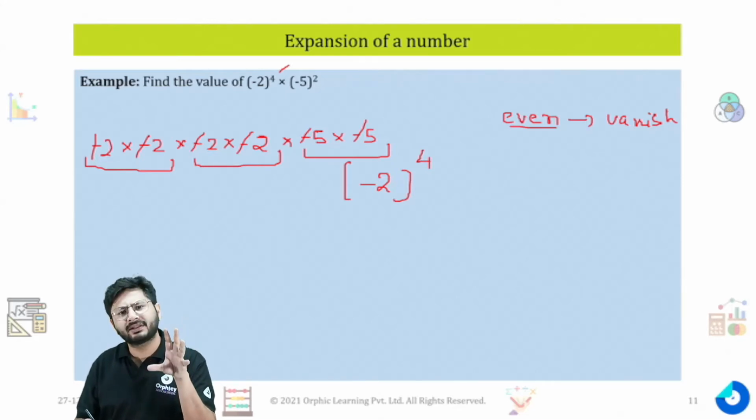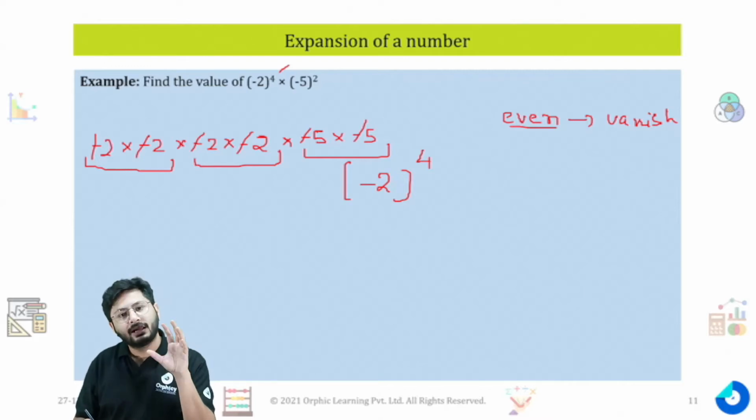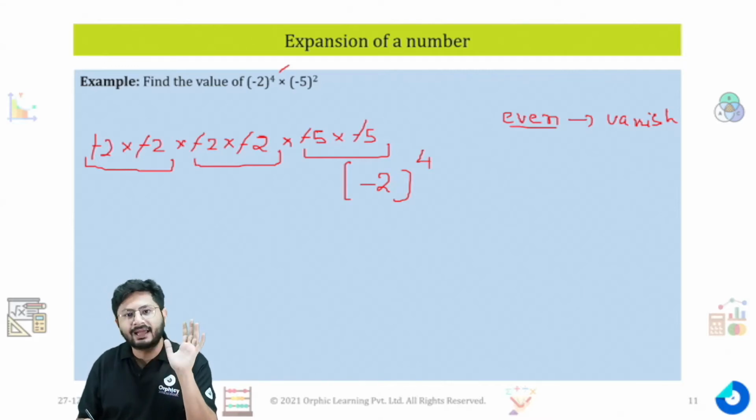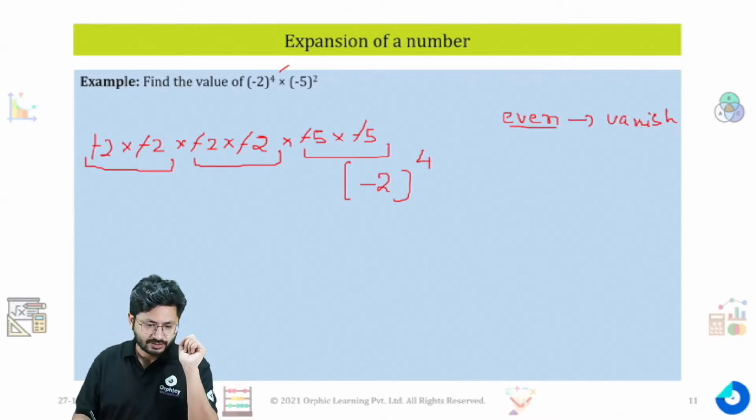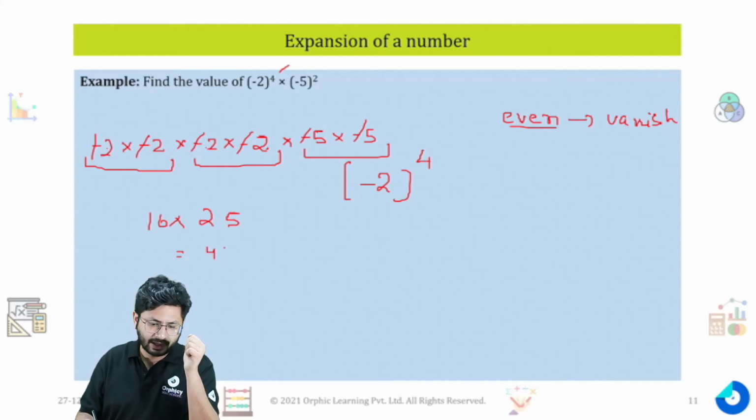So always remember this thing, that if a negative number is raised to the even power, the negative sign vanishes. And if it is raised to an odd number, then nothing happens, it remains as it is. So this will become 2 into 2 into 2 into 2, that is 16, into 5 into 5, that is 25. So this will become 400.